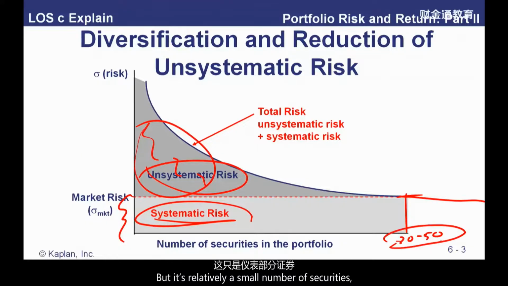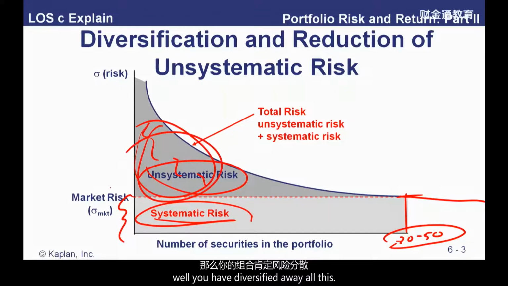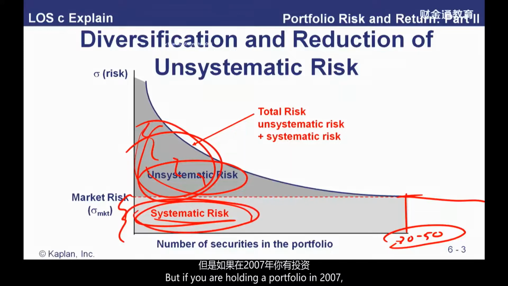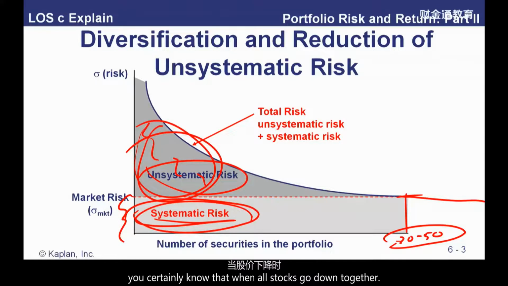But it's a relatively small number of securities: 20, 30, 40, 50, depending on who you're talking to. So if you buy any mutual fund, they own more than 50 securities, so you have diversified away all this. If you own Enron, you don't even know it when they go bankrupt. But if you're holding a portfolio in 2007 that is all equities and has lots of systematic risk, you certainly know that, right?